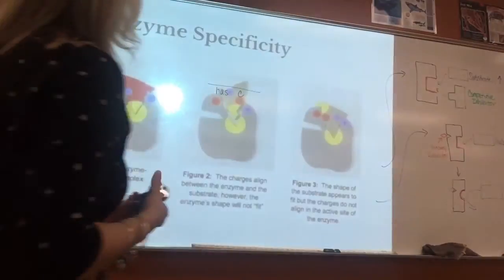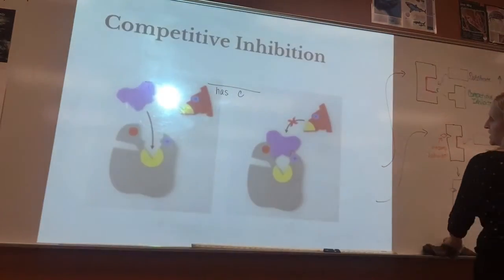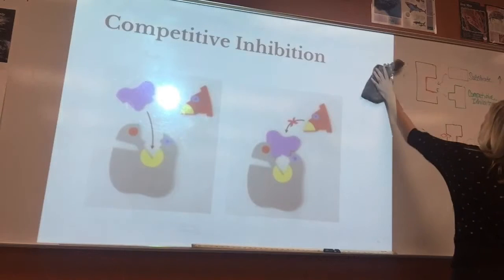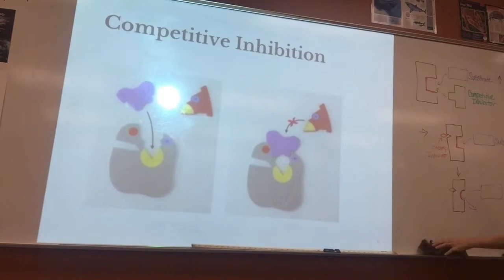So let's go. You don't have these particular pictures, but you have another one here. Just look at this one real quickly. It says competitive inhibition here. What is in this picture, what's the substrate?